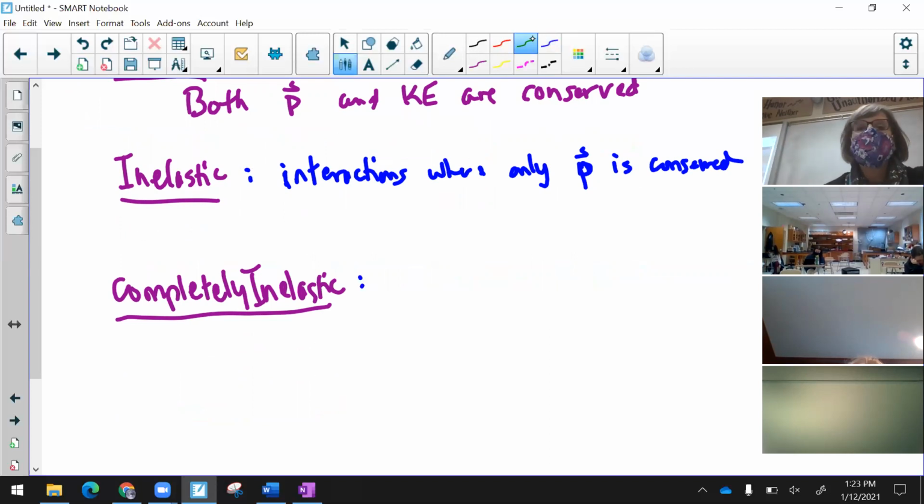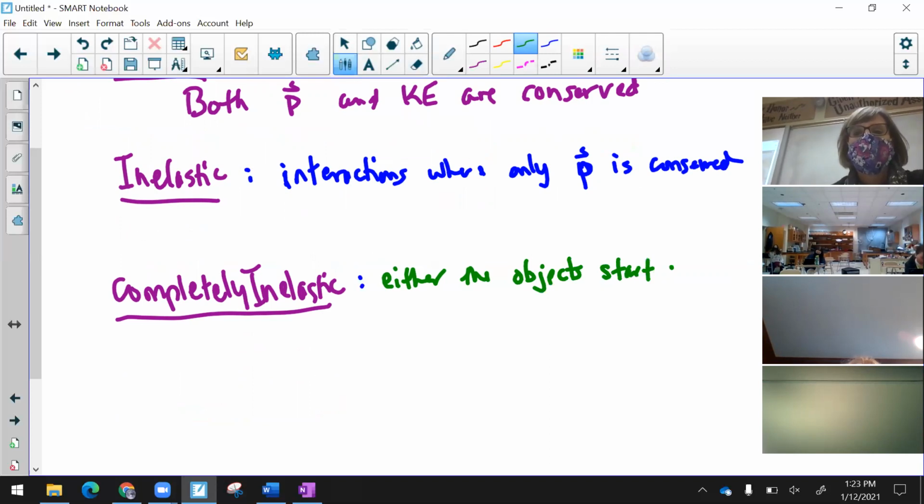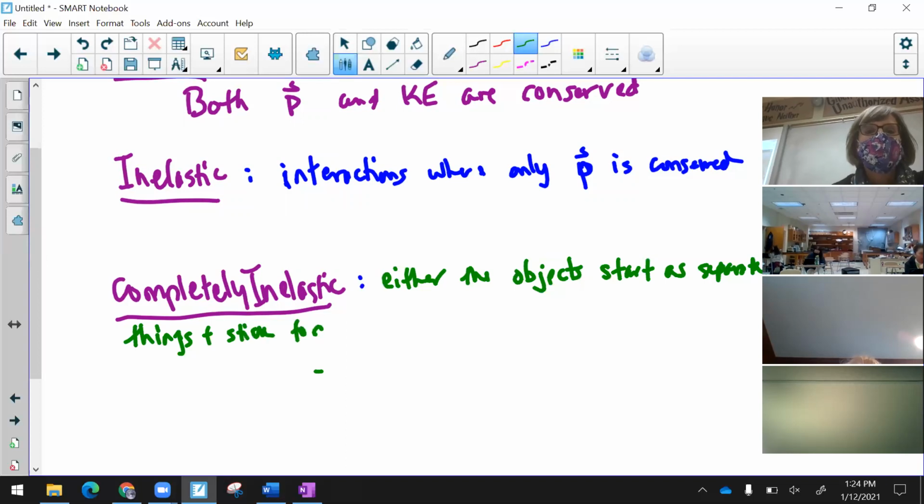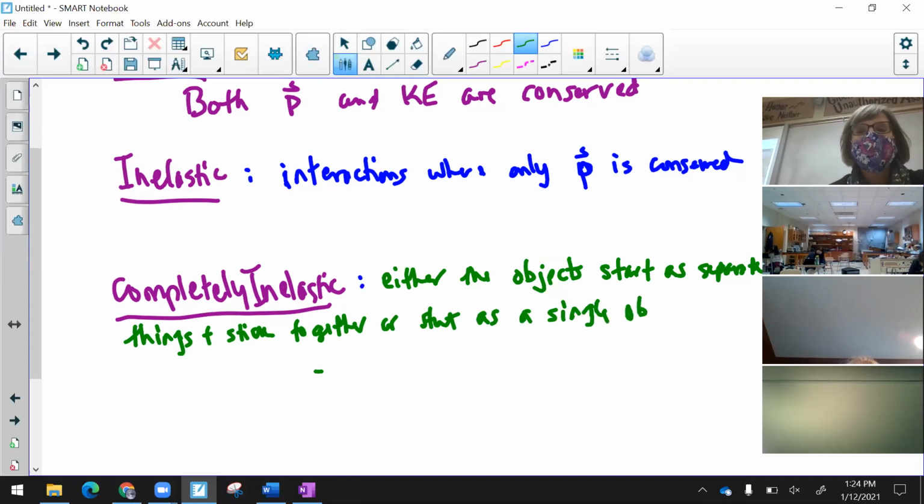Because in completely inelastic collisions, either the objects start separate and stick together, or start as a single object and become many.